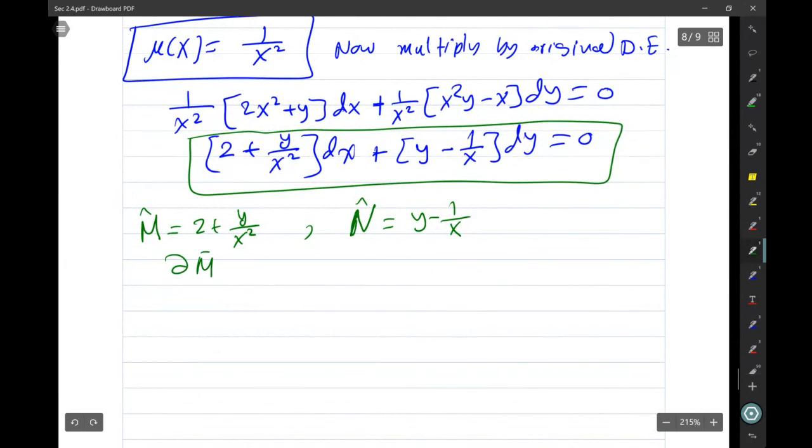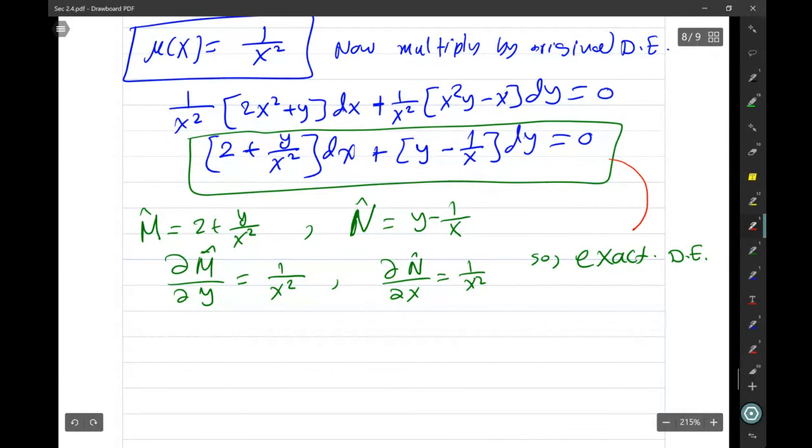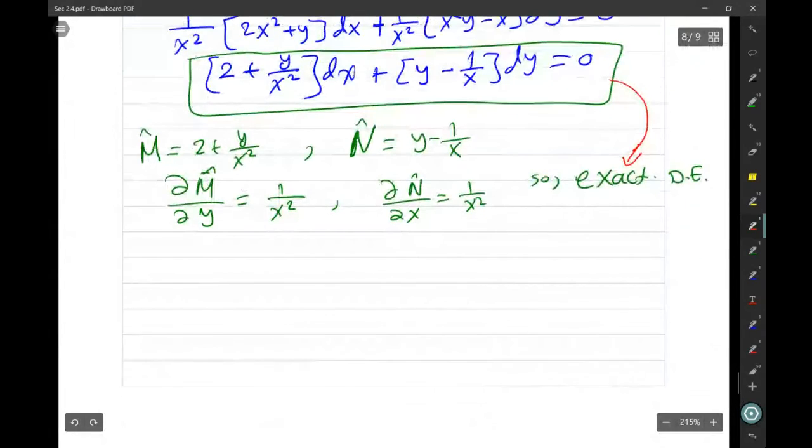Now dM dash over dy is equal to 1 over x squared. And dN dash over dx is equal to minus the derivative of 1 by x with respect to x, minus 1 by x squared, and with the minus it becomes 1 by x squared. So it is exact. This new equation is exact, so I have to solve it now as a normal exact differential equation.